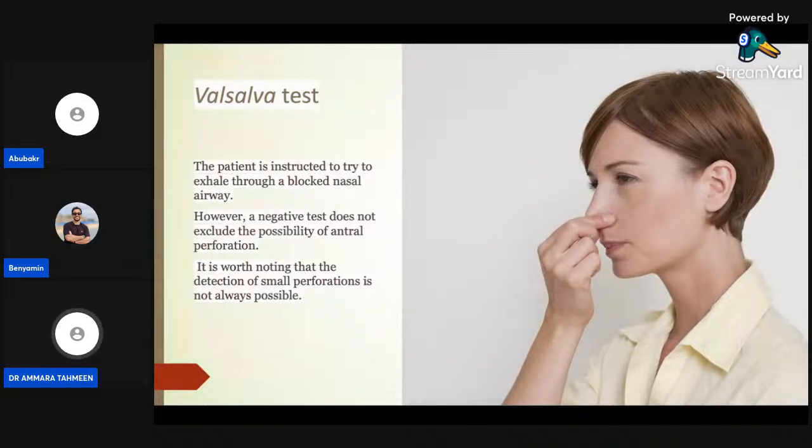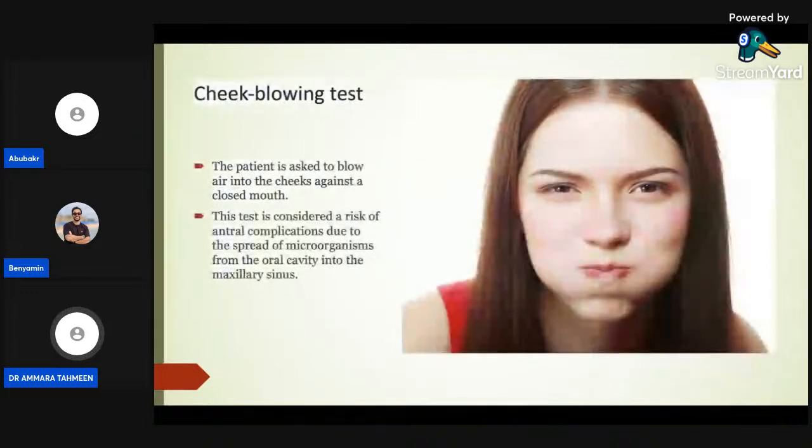So the next test is another test which we do chair side, that is the cheek blowing test. The patient is asked to blow air into the cheeks against a closed mouth. The patient is asked to close his lips tightly and blow the air. As soon as he blows the air, if there is a communication, the air leaks into the maxillary sinus through the communication.